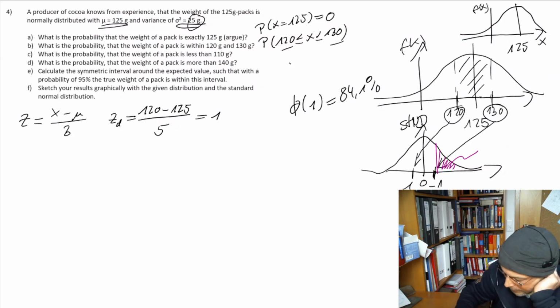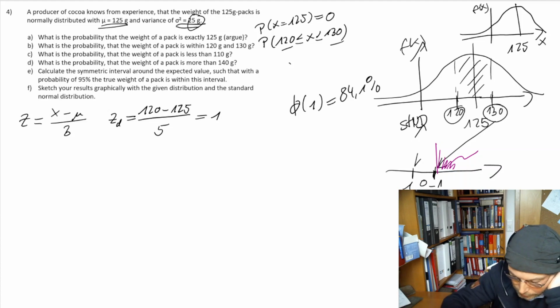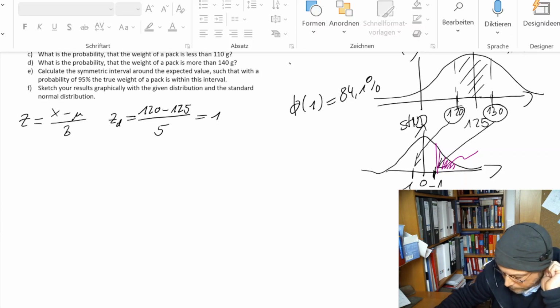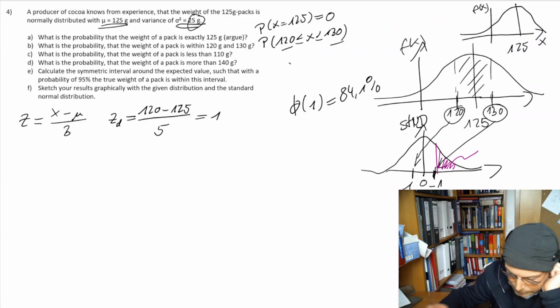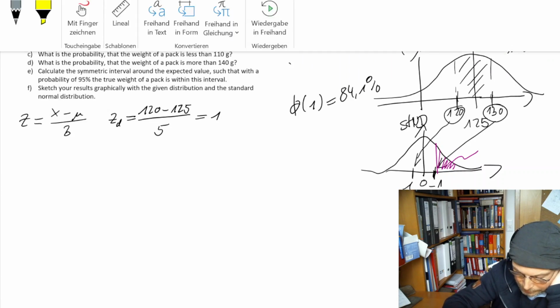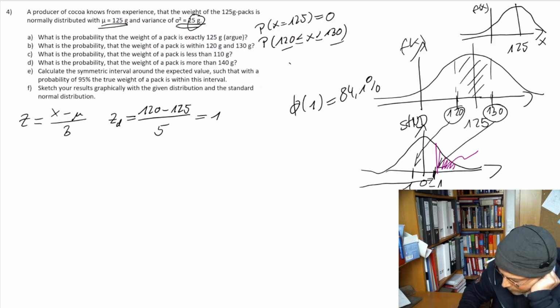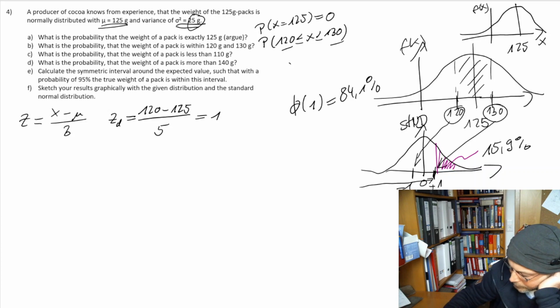This probability from minus infinity up to plus 1 is 84.1%. So this probability here is then 15.9%.